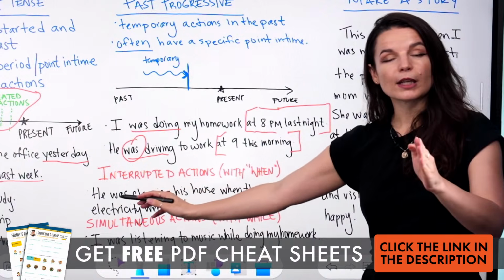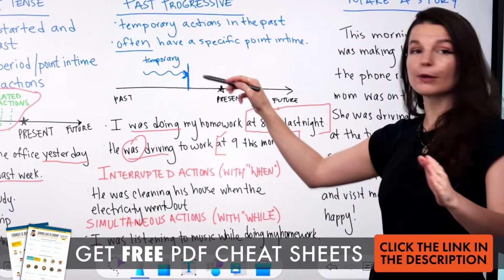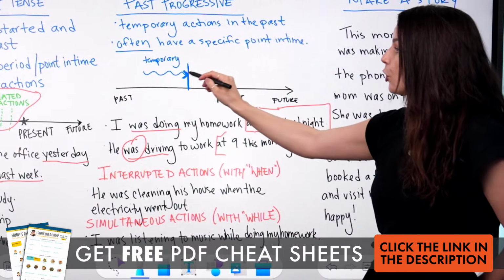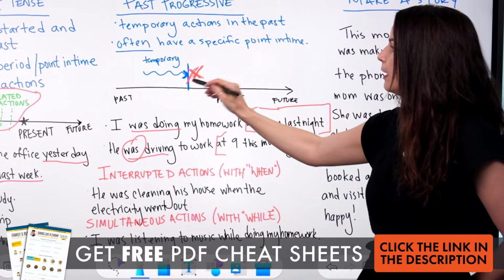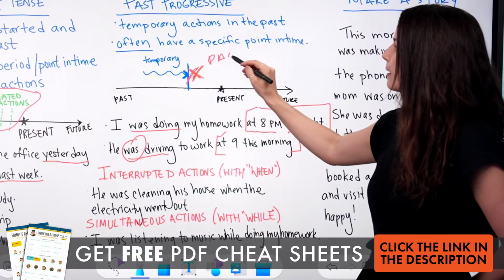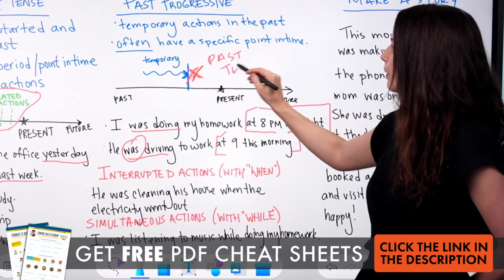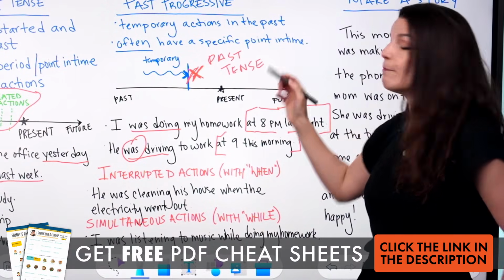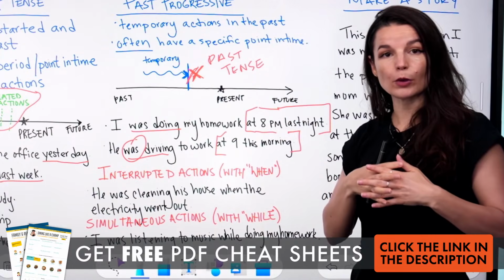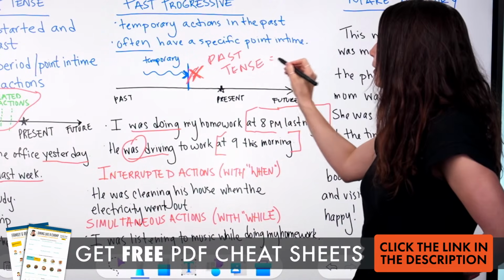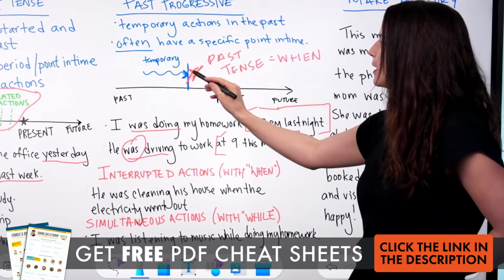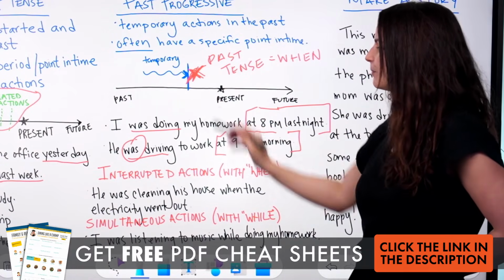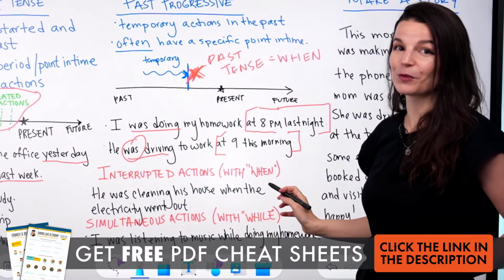It means we can describe a temporary action that is interrupted here, like on the timeline, interrupted by another past tense action, okay? So we can put these two grammar points together with when, okay? This is how we use when together, all right? Very different from while, we'll talk about in a moment.